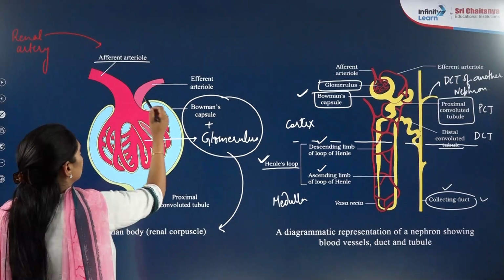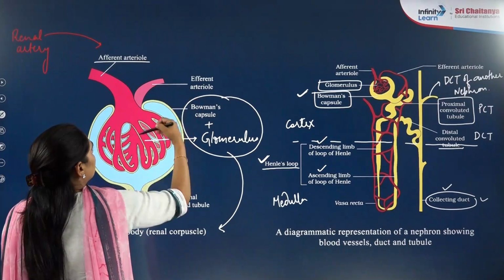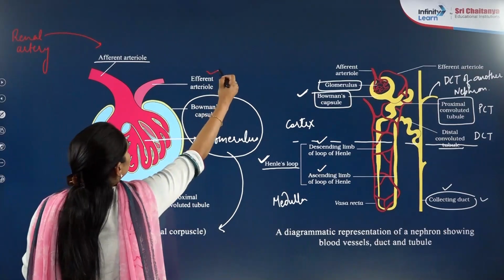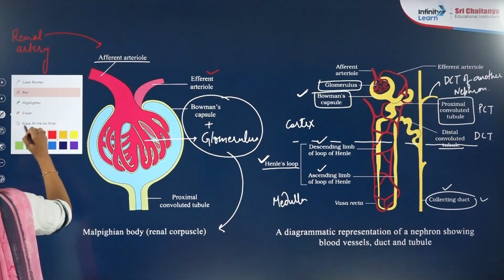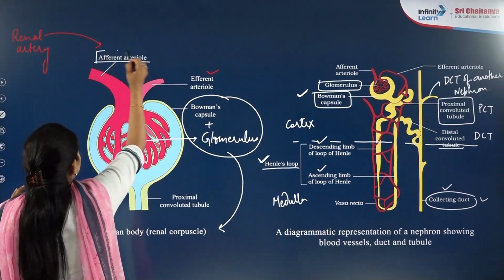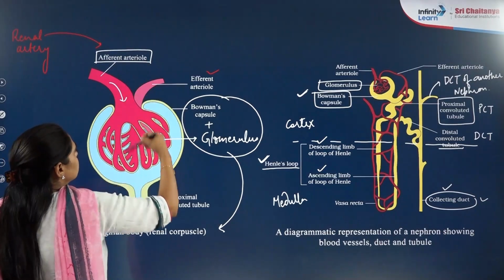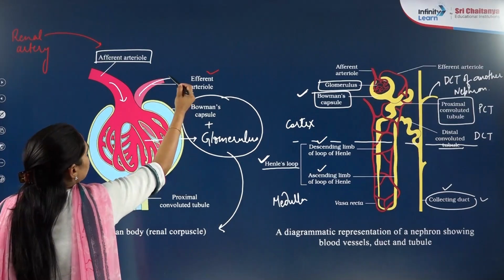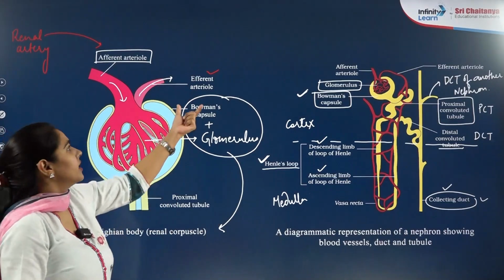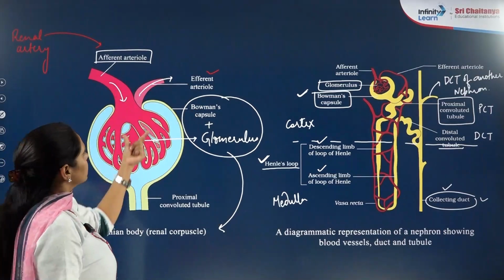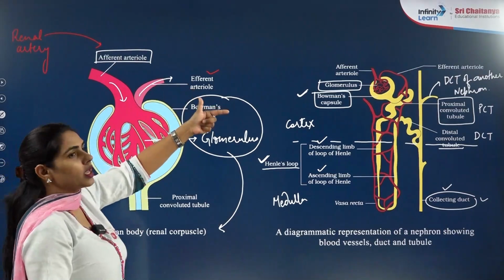So afferent arteriole, and then the arteriole which is going out of the Bowman's capsule is known as the efferent arteriole. So there are two arterioles. One is entering into the Bowman's capsule. Another is going out of the Bowman's capsule, the efferent arteriole. Afferent is coming in, efferent is going out.